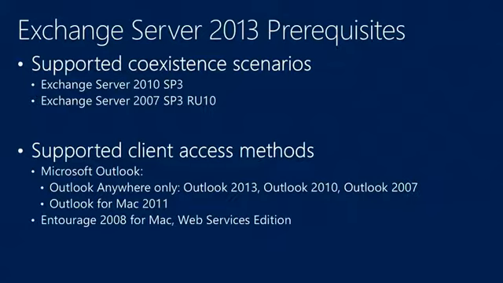In terms of the client access methods, the biggest change here is going to be around Outlook connectivity, specifically Outlook on Windows. Now, just as we've always done, we support the most recent Outlook client and then two earlier versions. So obviously Outlook 2013, 2010, and 2007. With respect to the client access method, though, all of those clients can no longer connect via RPC over TCP.